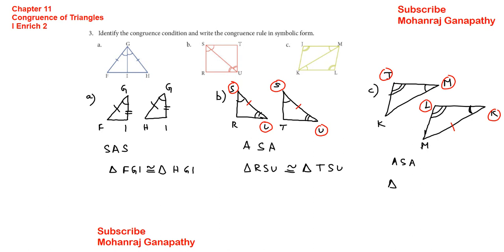Triangle KLM is congruent to triangle MJK. Is it clear? Shall we move on to the next sum?